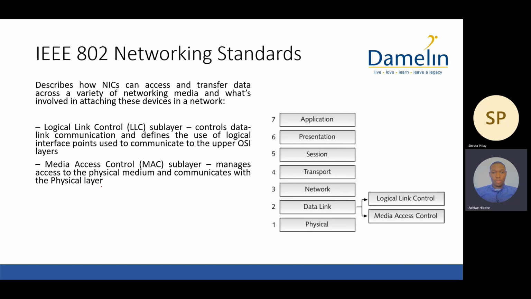This is the physical address assigned to the card. Then you also have the logical link sublayer, which controls data link communication and defines the use of logical interface points used to communicate to the upper OSI layers. This is the one in charge of actually translating the data. This one assigns a physical number to the data being communicated, and this all happens at layer 2, the data link layer.